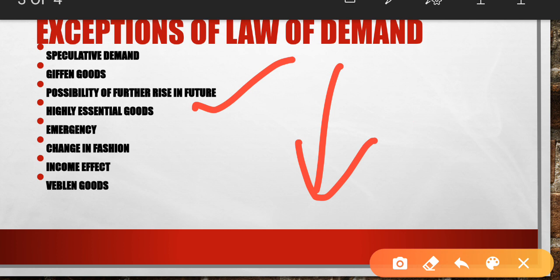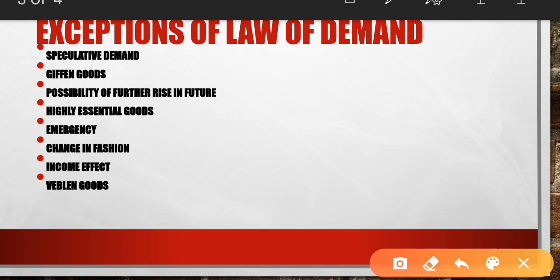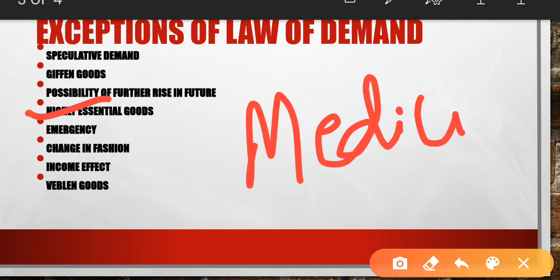Next, highly essential goods. There are certain goods which are very essential for you. Suppose there is a diabetic patient. There is a medicine for that patient, might be insulin, which is very important.